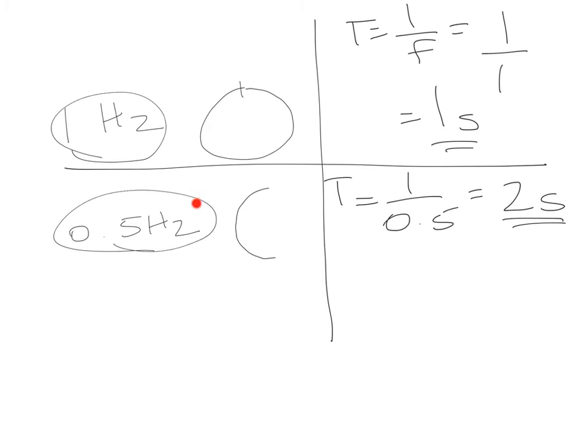If it has a frequency of 0.5 hertz, 1 divided by 0.5 is 2 seconds. So it takes 2 seconds to complete one complete loop. Going back to the diagram, it's done 0.5 of the loop in 1 second, so it will do another 0.5 in another second. In total, in 2 seconds, it will have done a complete loop.